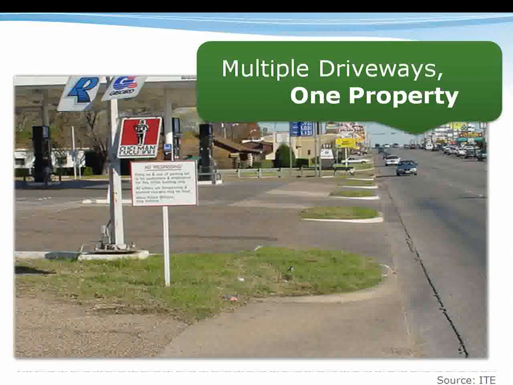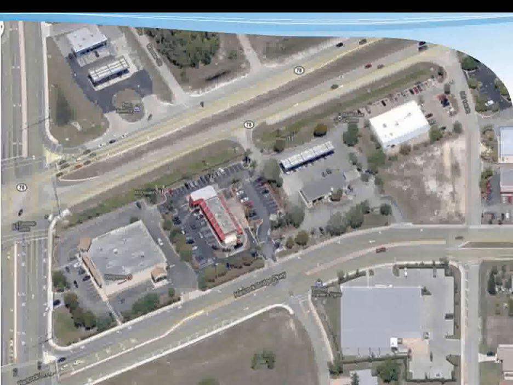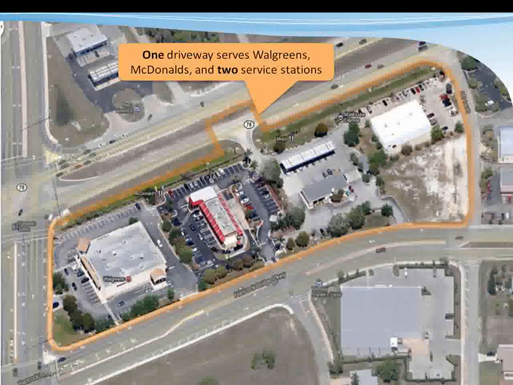Almost as bad are the properties that have so many driveways that it's a difficult choice to make which one to enter or to leave. Earlier we talked about unified development plans, so I figured I'd give a few other examples of unified development plans.